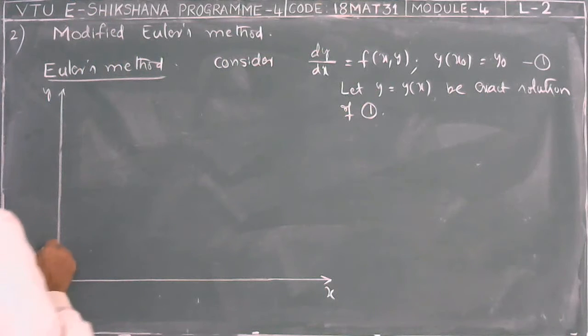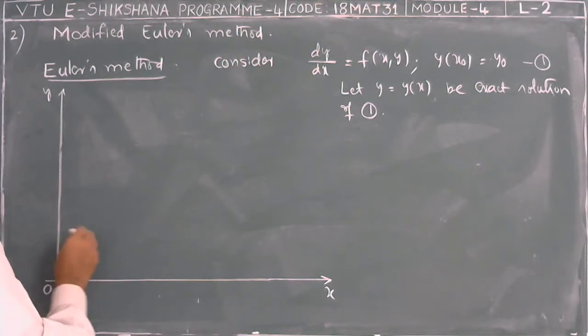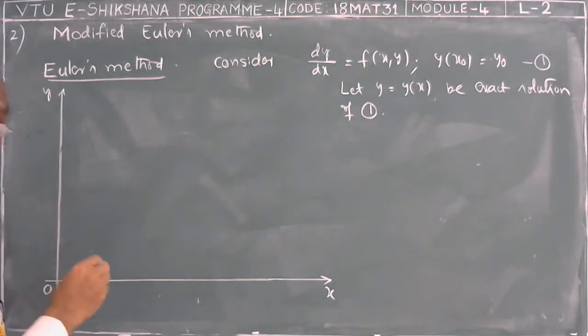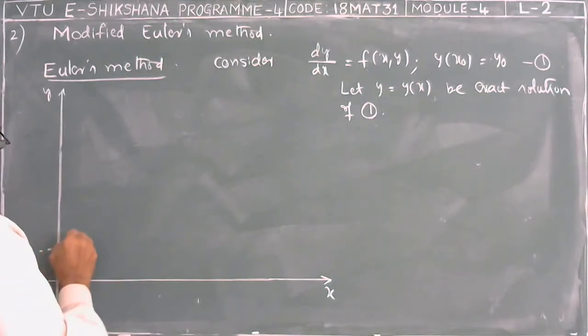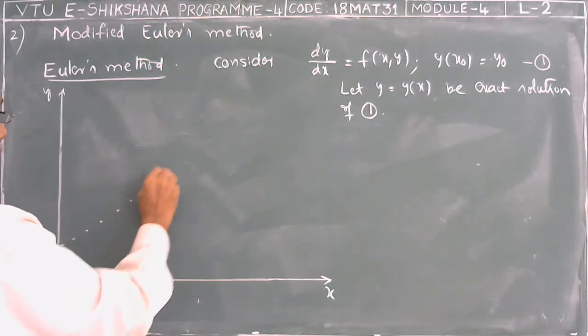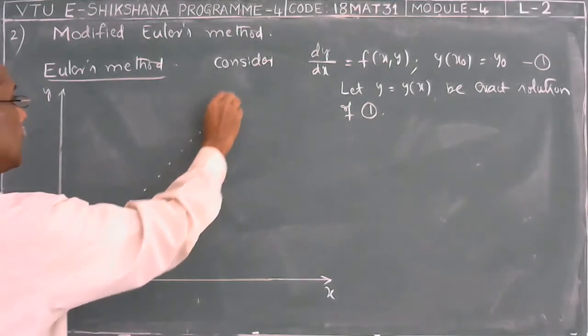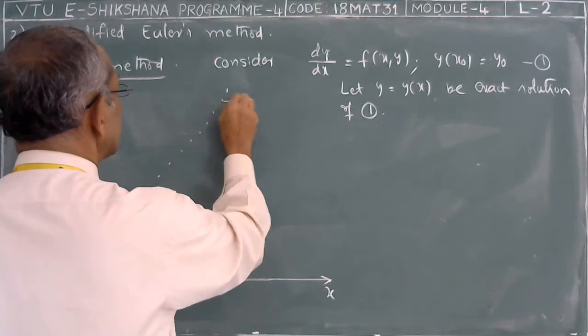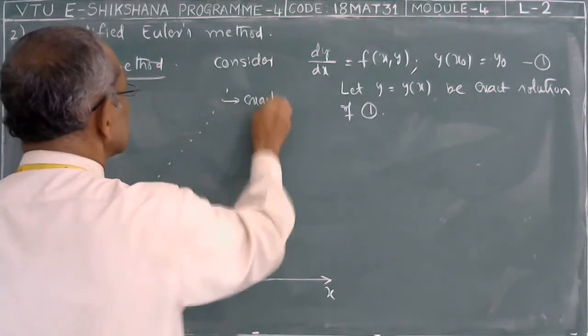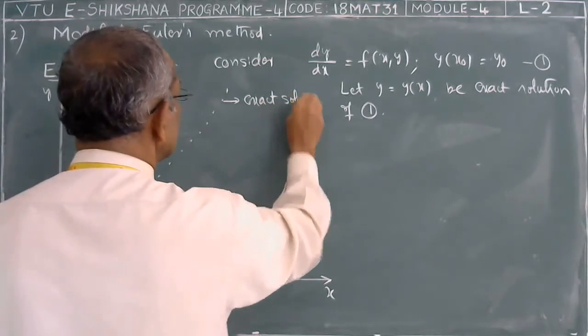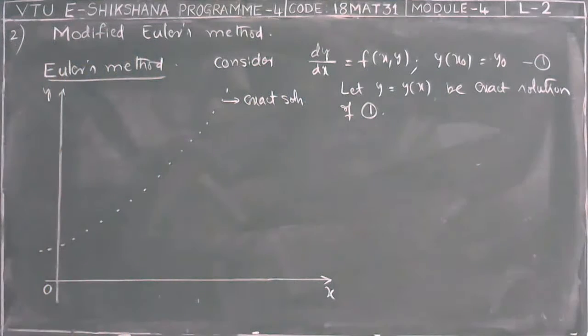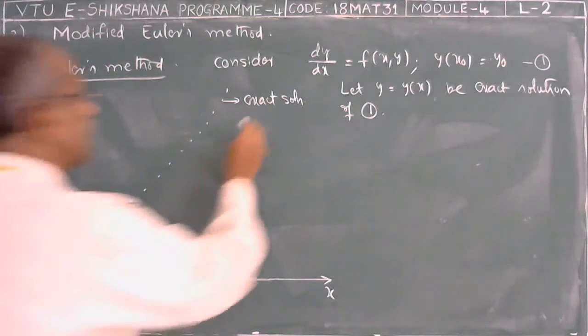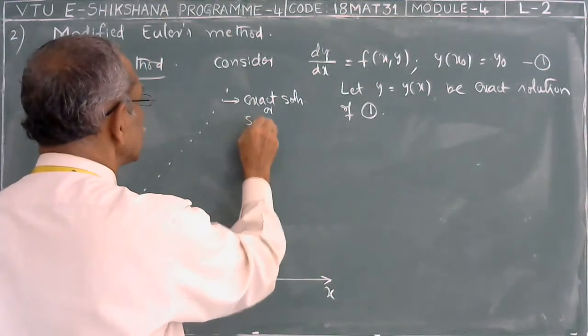Let us represent by a continuous curve the exact solution, or solution curve, of this equation. This is also called the solution curve.